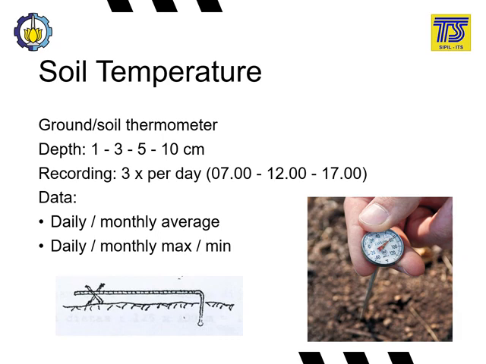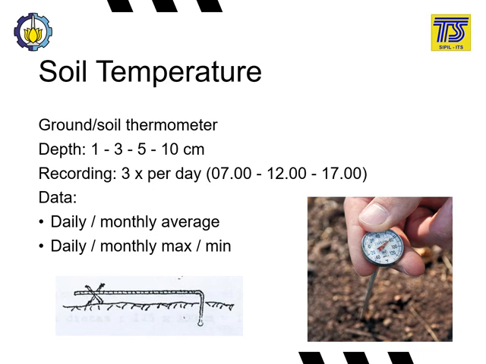And move on to the soil temperature. Here we have a soil thermometer in the picture, a ground or soil thermometer. For the soil temperature, usually the recording is done three times per day: in the morning, at midday, and in the afternoon.